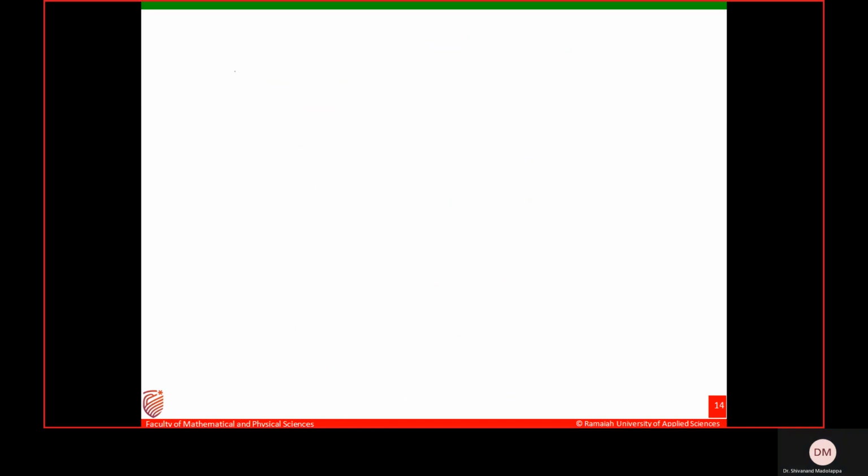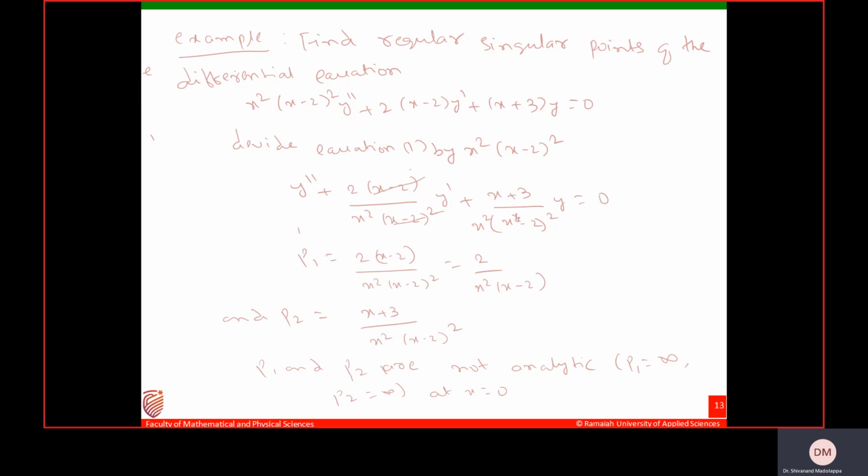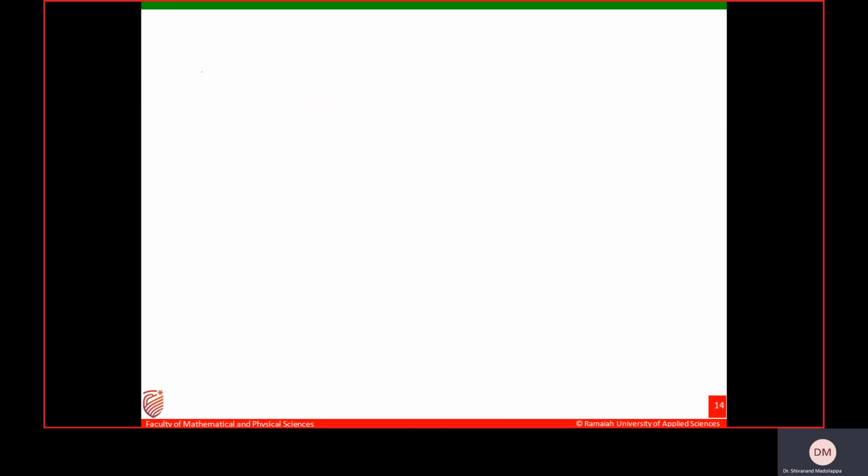So hence x is equal to 0 and x is equal to 2, both the points are singular points of the equation.